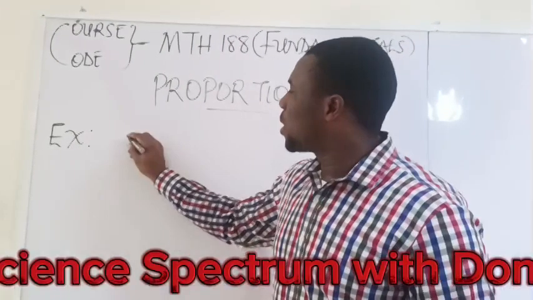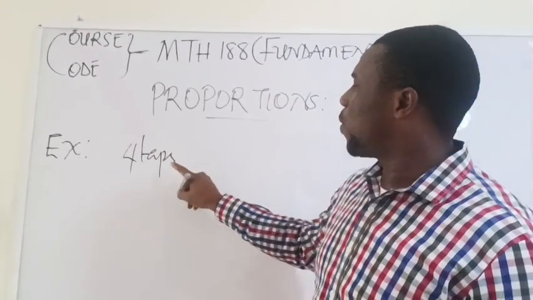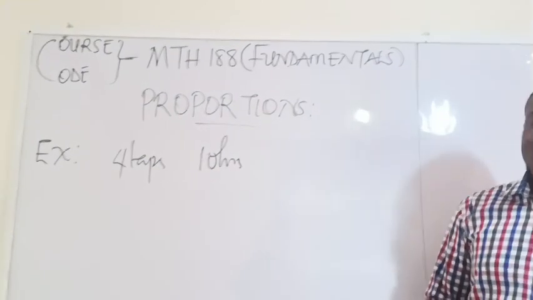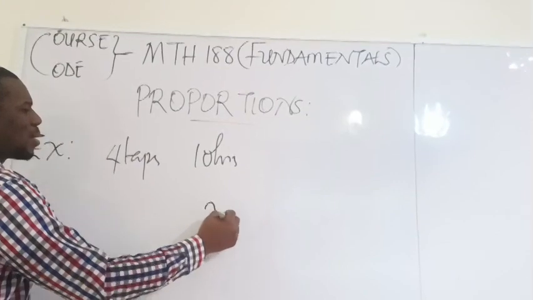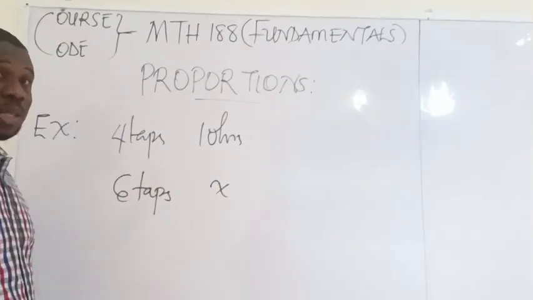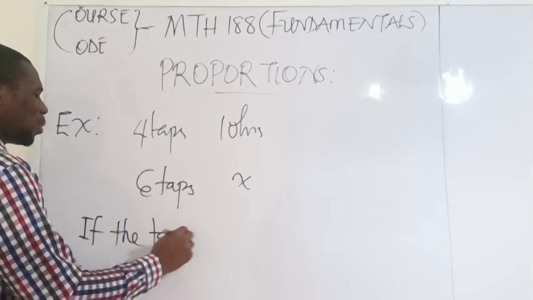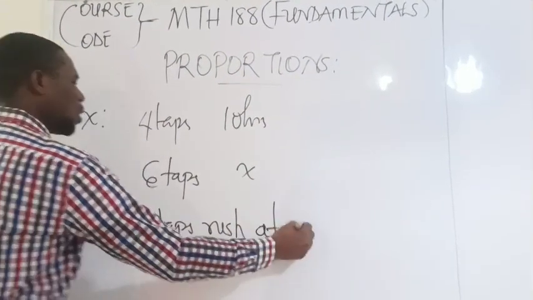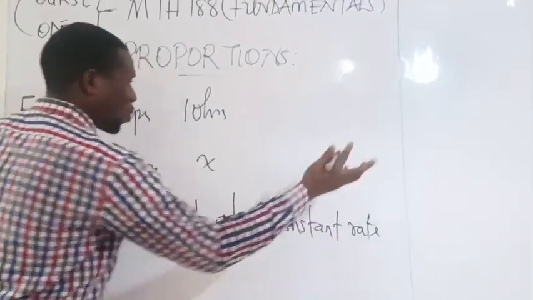For example, if it takes 4 taps 10 hours to fill up a container, the question is, how many hours will it take 6 taps to fill up the same container if the taps rush at a constant rate? So that's just the question.